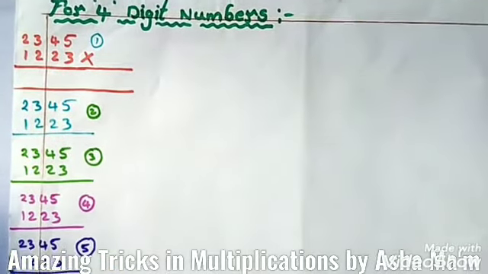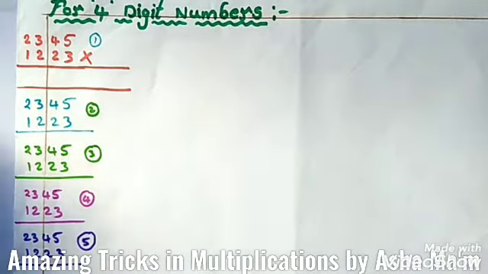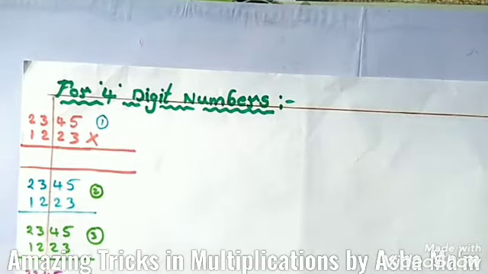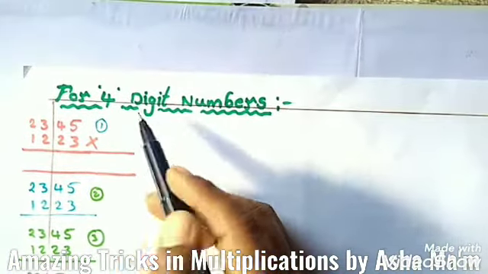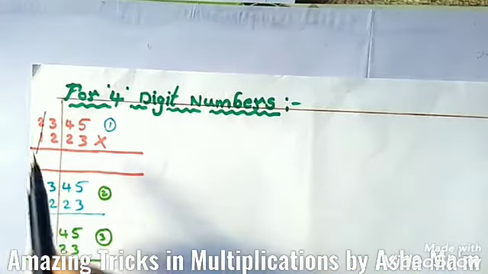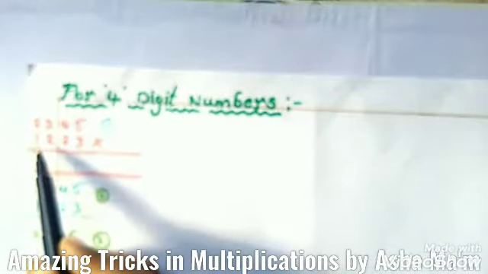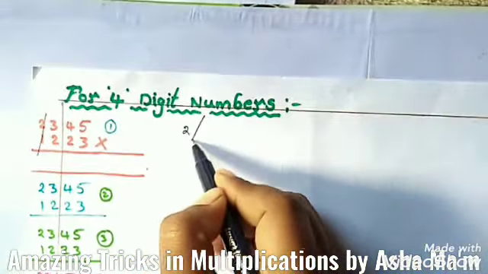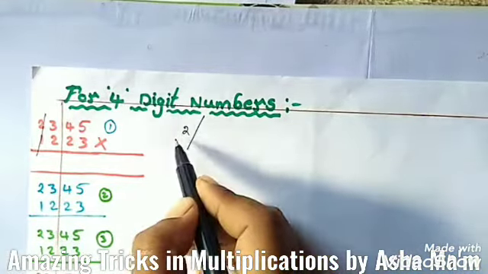In step number 1, what we have to do is multiply. In step 1, we shall multiply these two numbers first of all. This 2 and 1. So 2 ones 2. Okay, this is rule number 1.